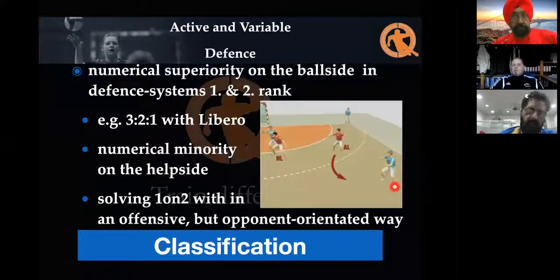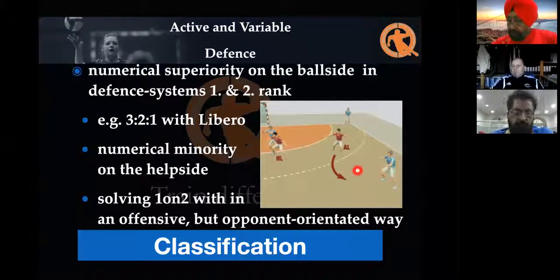On one side, pressurizing the right back player who cannot start his movement forward like he wants to. On the other side, taking care of the wing attacker. If the long pass is coming, the wing defender must run there. So solving this 1-on-2 situation is an additional element we have in different types of defense systems.